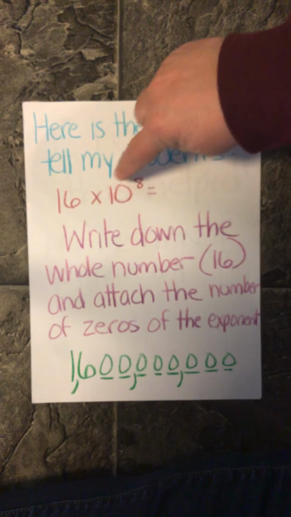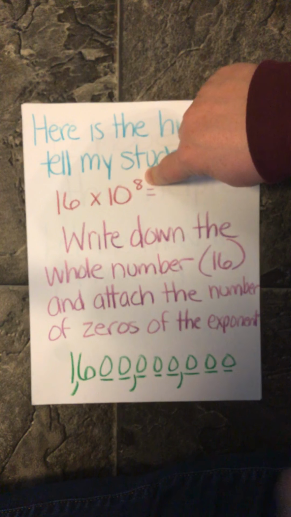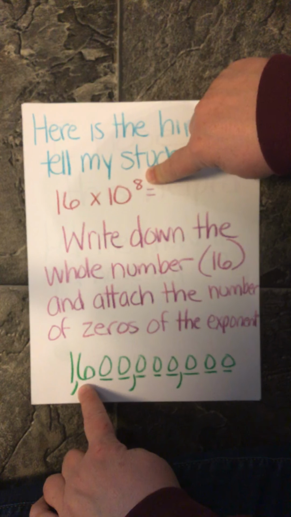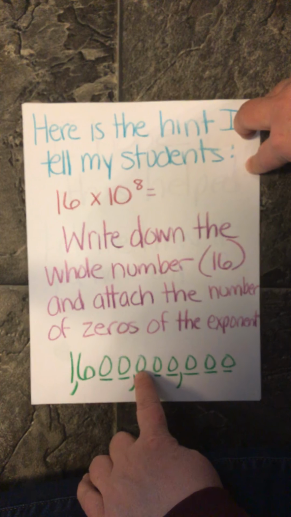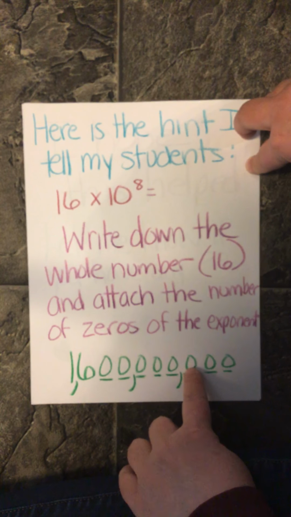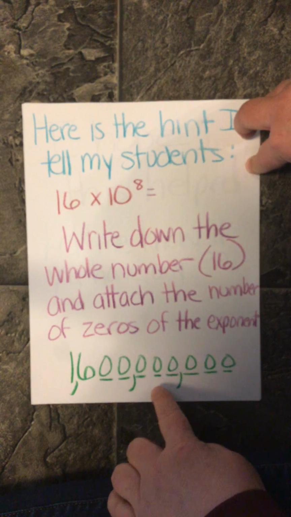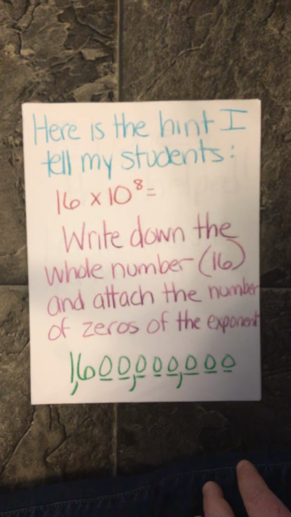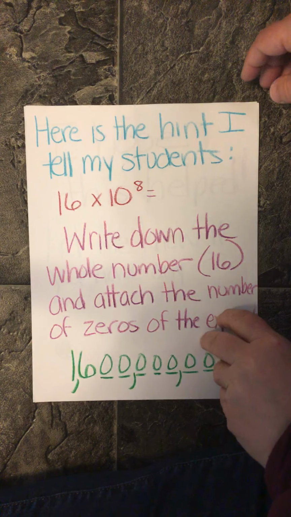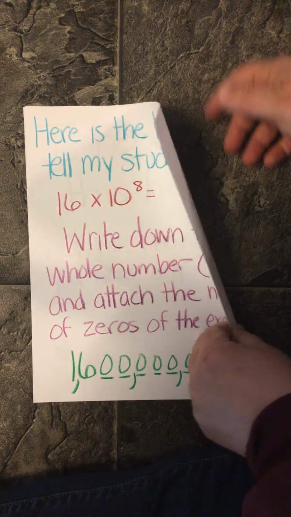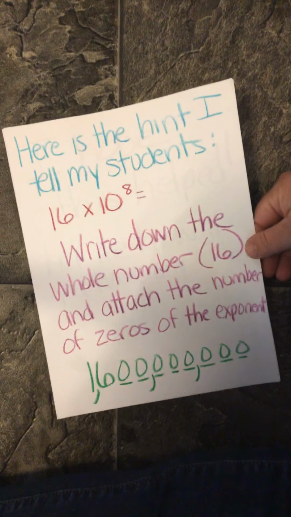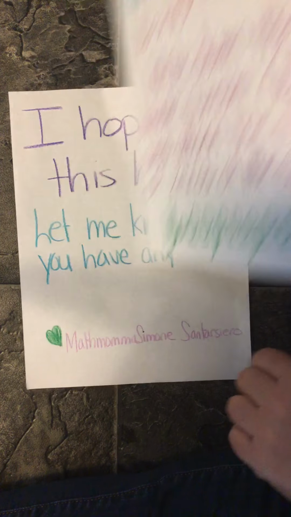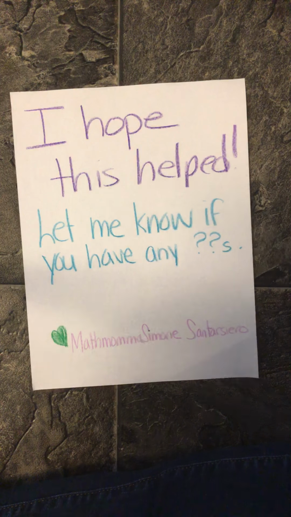So in 16 times 10 to the 8th power, I write down my 16, and then I attach 1, 2, 3, 4, 5, 6, 7, 8 zeros.